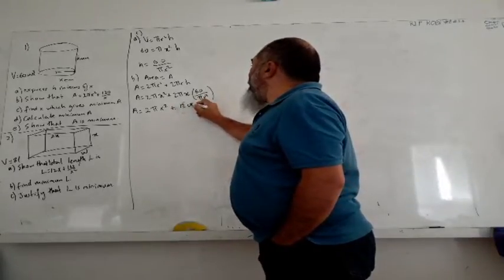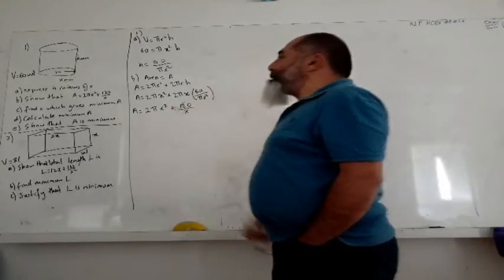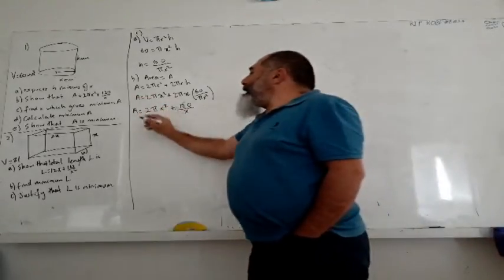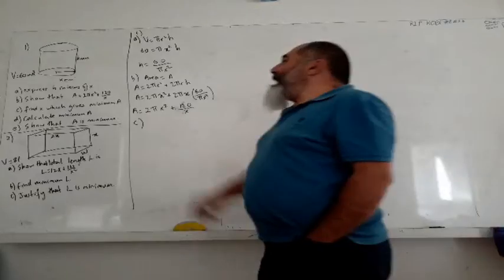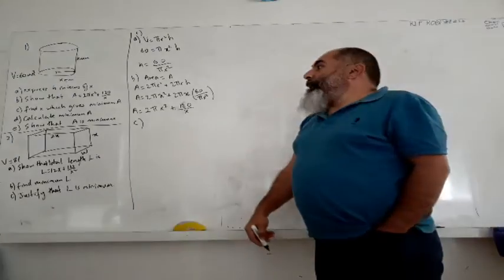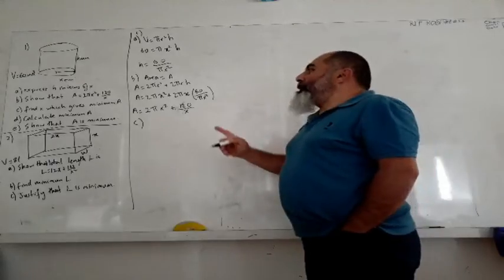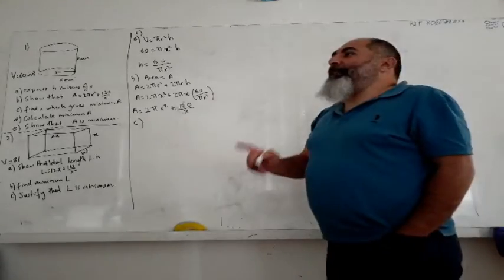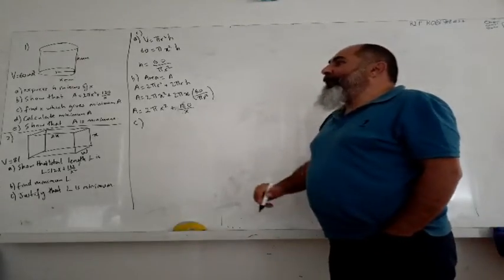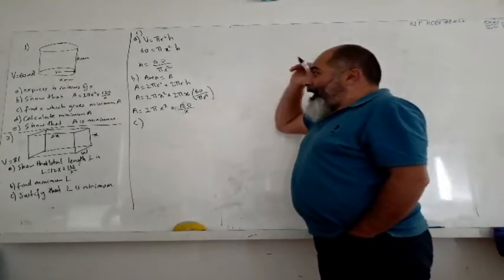Now, part C, find x which gives the minimum value of A. When it says minimum, you have to remember that you have to differentiate the function, which is the area, A for our question, in terms of x.